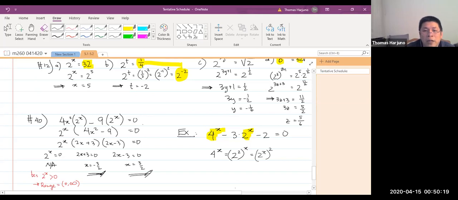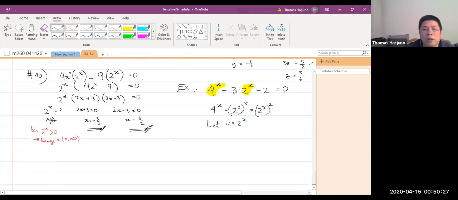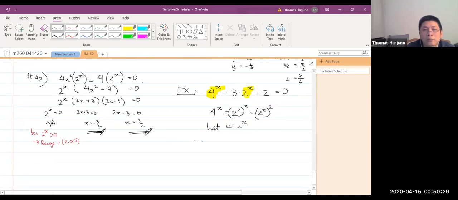Therefore, if I say let u equal 2 to the x, then the equation becomes u squared minus 3u minus 2 equals 0.